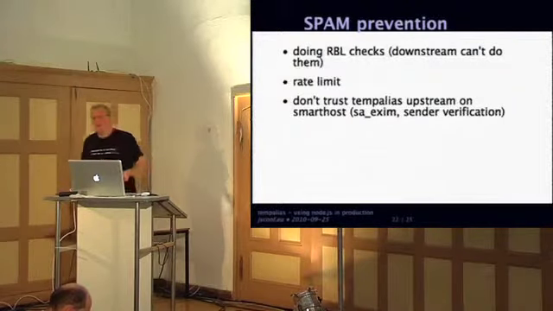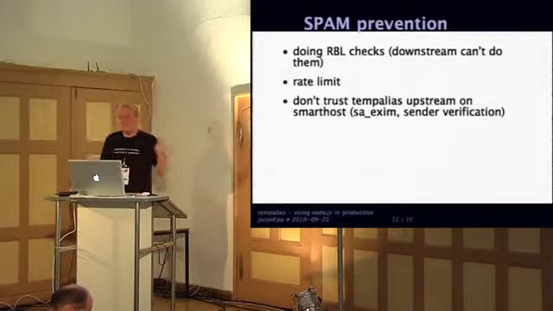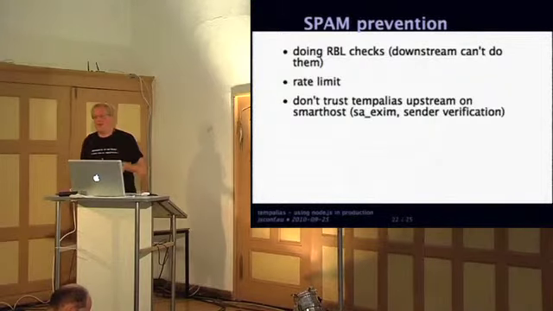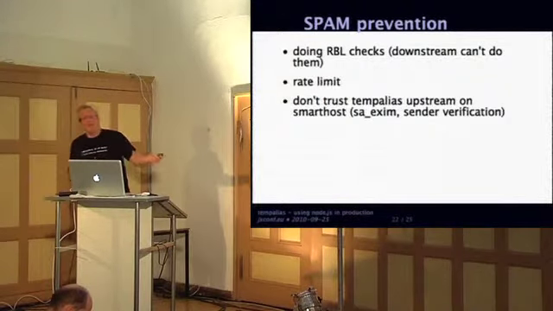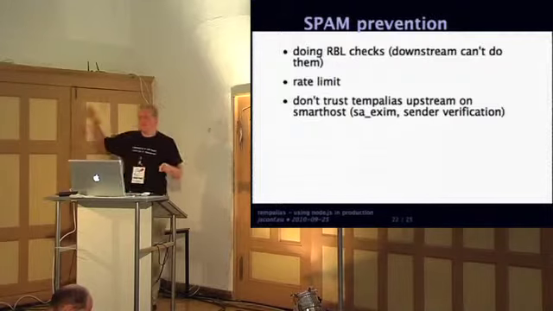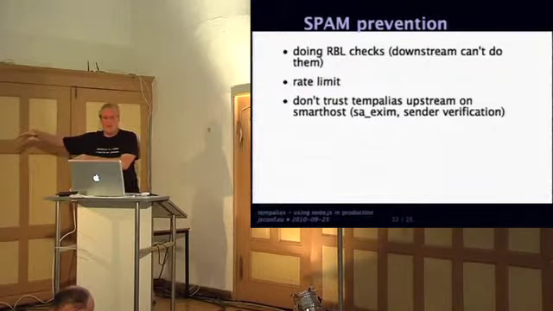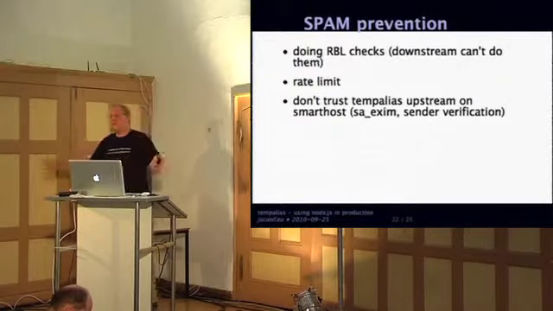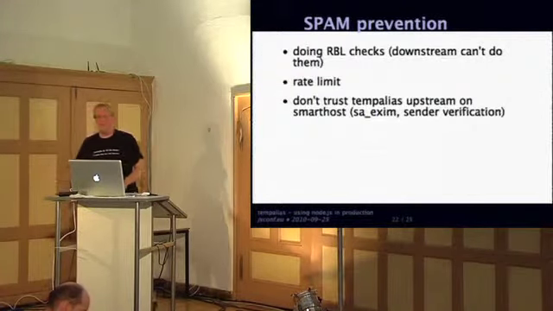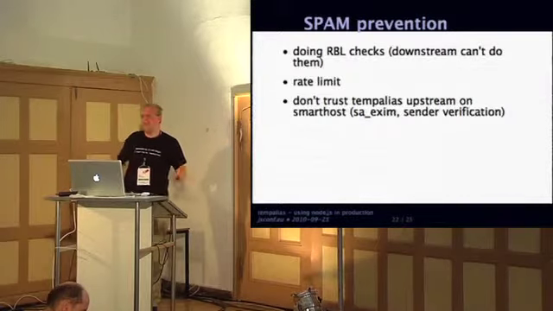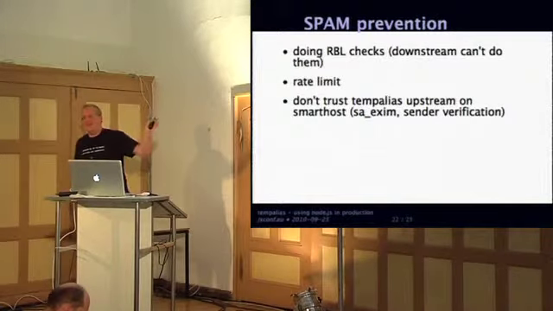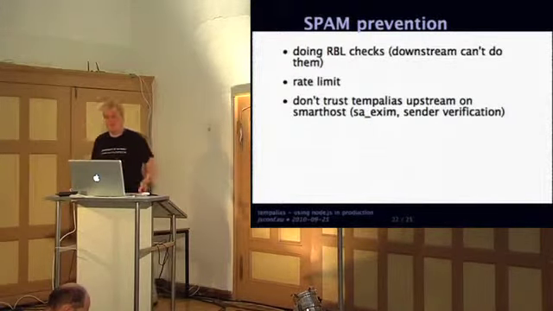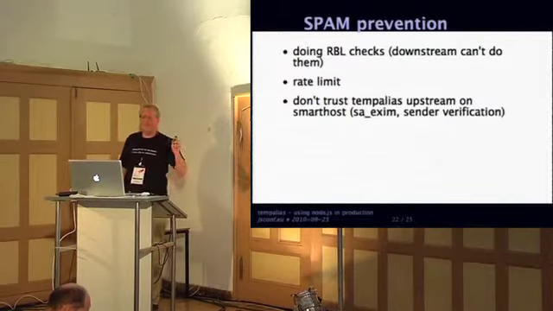I'm also rate limiting the thing so that you can't generate too many aliases per time, and a configuration error made the upstream or the smart host actually trust the temp alias mail server and not do any spam assassin or other spam prevention. I quickly changed that, so now whenever a mail is being relayed, it will also be checked whether it's spam using the usual methods.